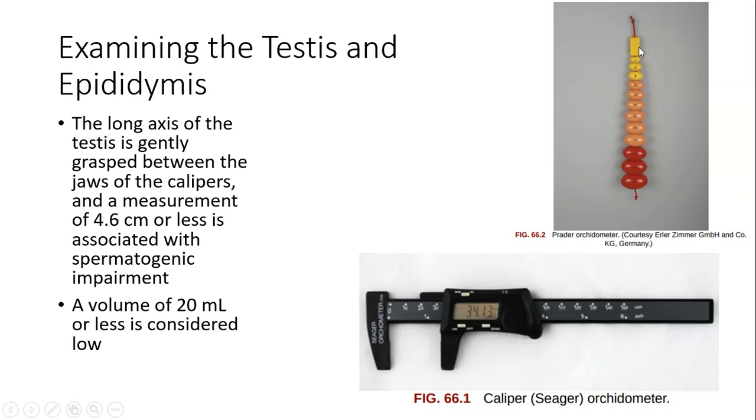Actually, we use orchidometers. If we don't use a caliper, we use a special orchidometer, and by physical examination you check the size of the testis, and we have gradation here. If it's lower than this size, that's a symptom of hypogonadism.